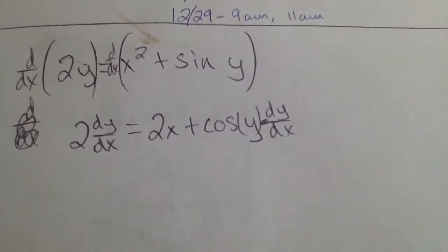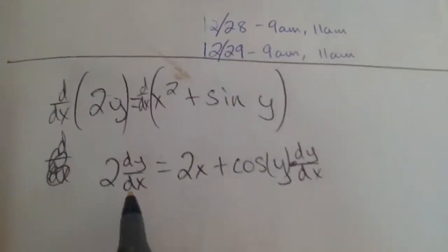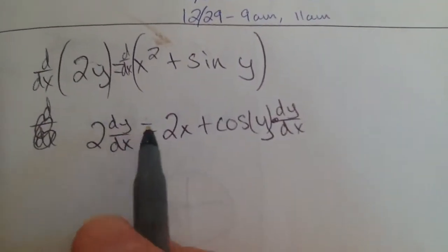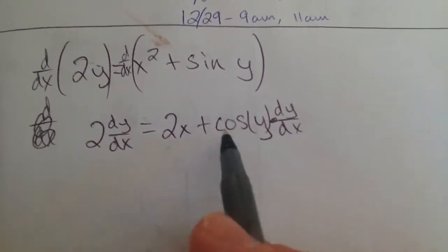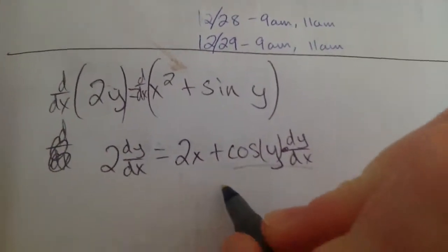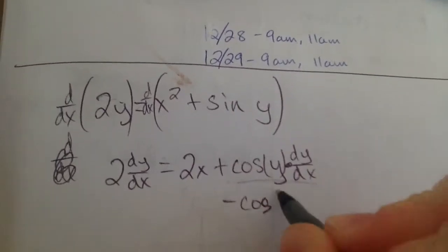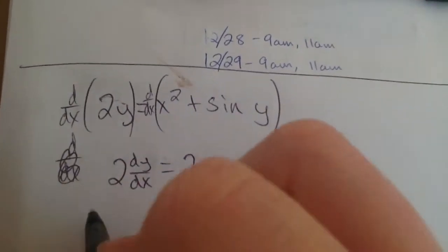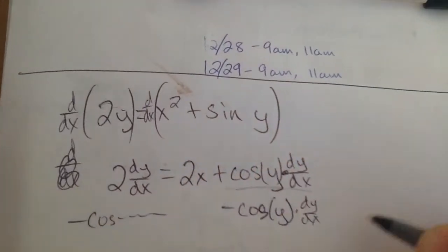Second step, get everything with dy dx to one side. I like to move it to the left, just personal preference. So that's already over there. So this has a dy dx in it. This is all multiplication, so they all have to stay together. So I'm going to bring that over. So I'm going to subtract the cosine of y times dy dx from both sides.